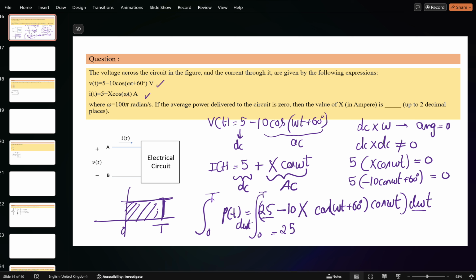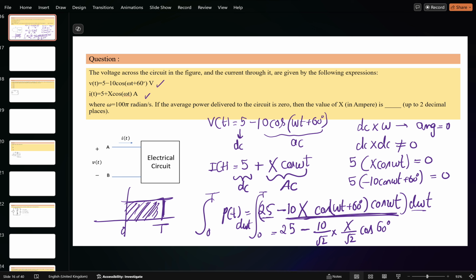But when you take the average of minus 10 cos omega t plus 60 degree, I have already told that it will become VRMS IRMS cos theta V minus theta I. You can directly use that because there are only two cos terms, one voltage and one current. That will become 10 by root 2 multiplied by x by root 2 cos of theta V minus theta I, that is cos 60 degree.